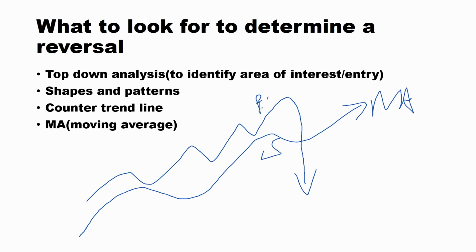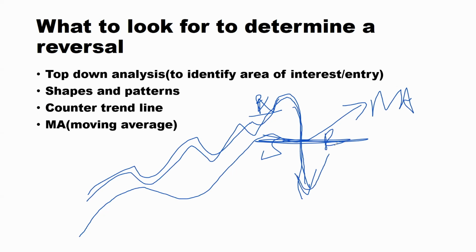I don't want to take a sell when price is above the moving average, because I'd be selling at support. Are you getting it? So I want to wait for price to break the moving average, meaning it has broken support. Now this support has become resistance. Remember, we want to sell at resistance. So when it becomes resistance, I can wait for a small pullback and then take my trade.